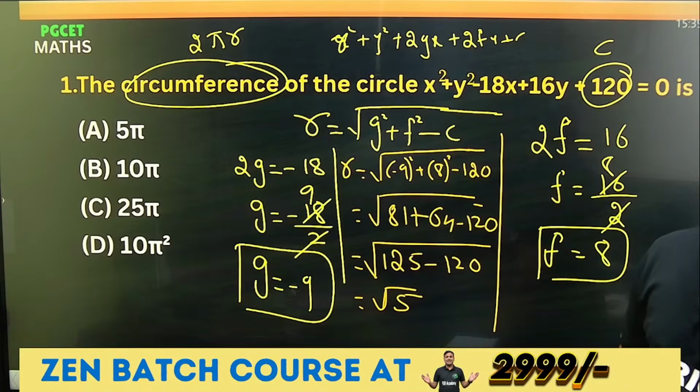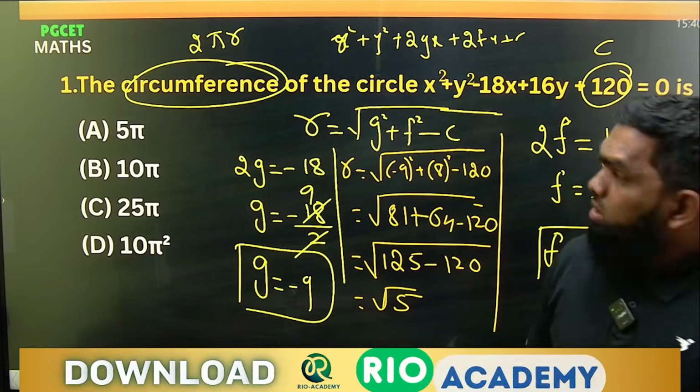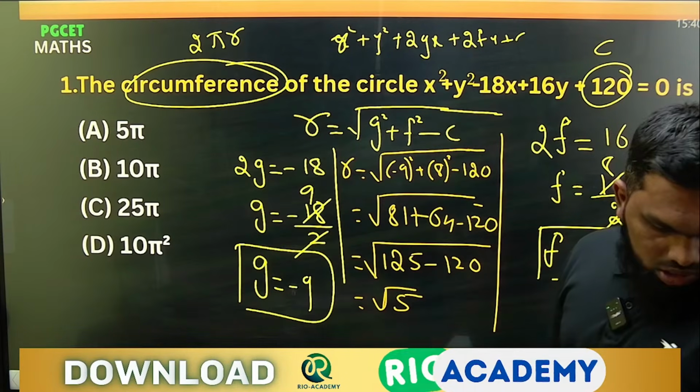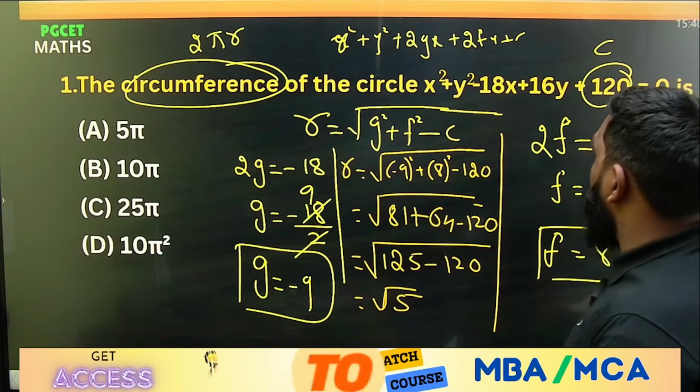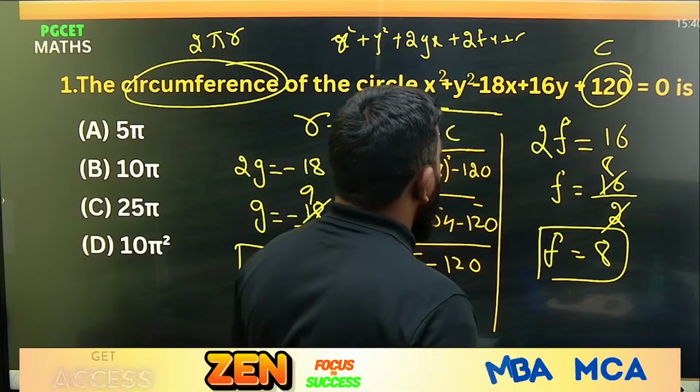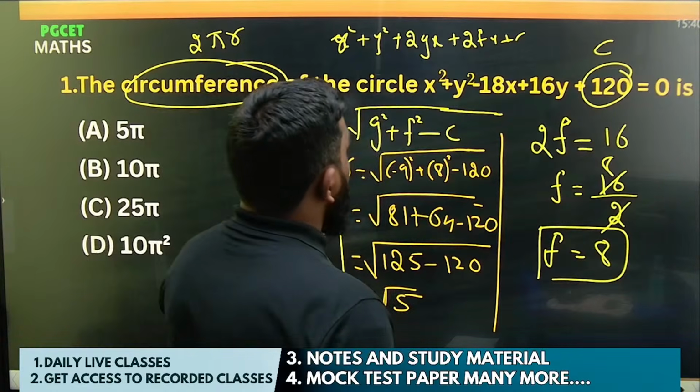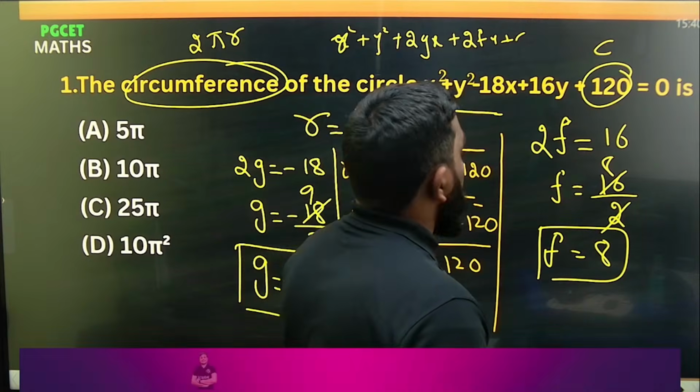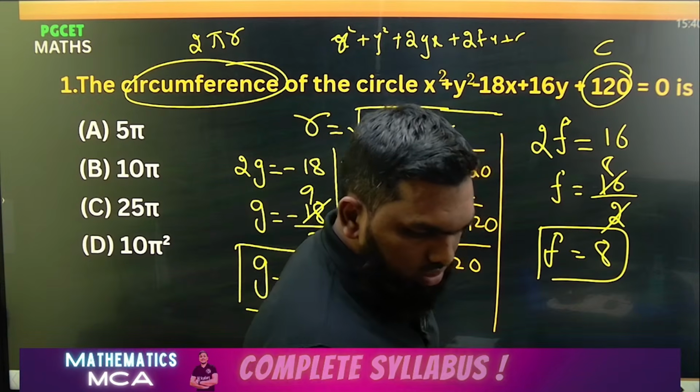Yes, now put that in the formula. You will get 18x minus 16y, and plus 120. Yes, correct.